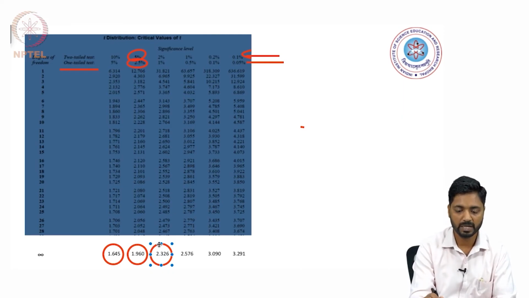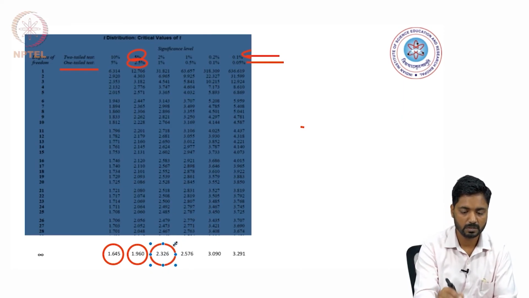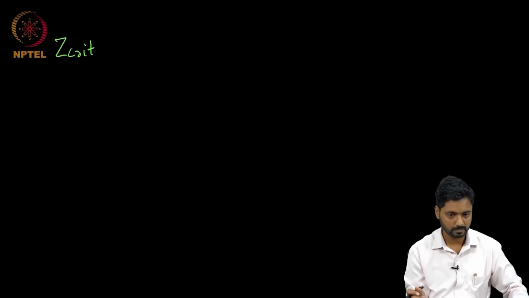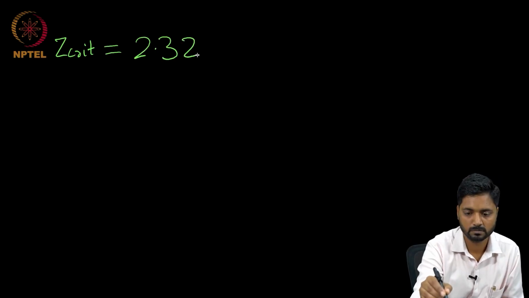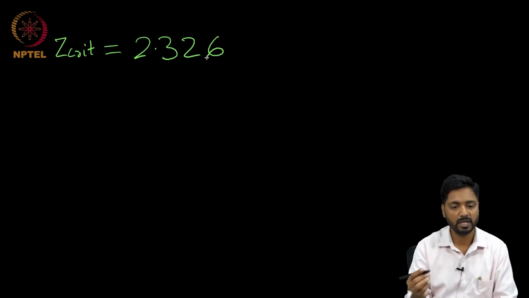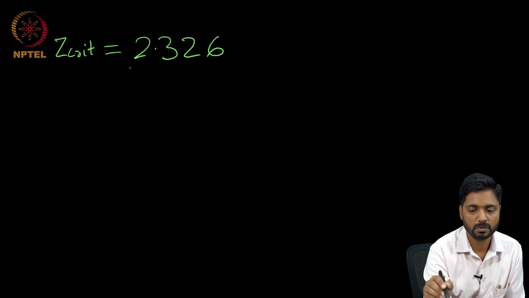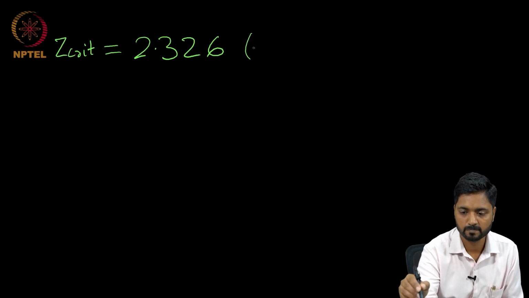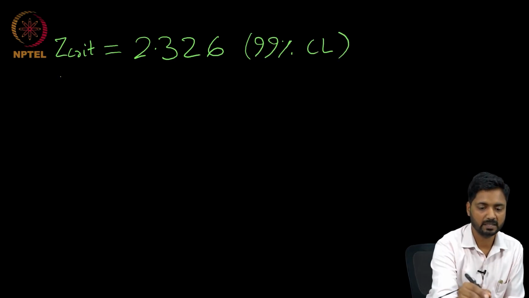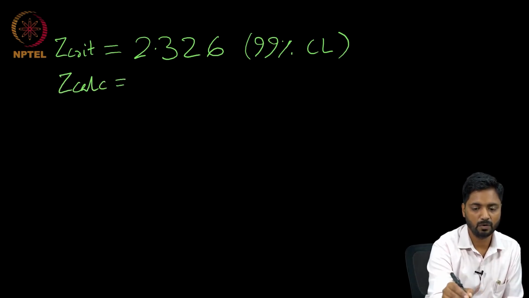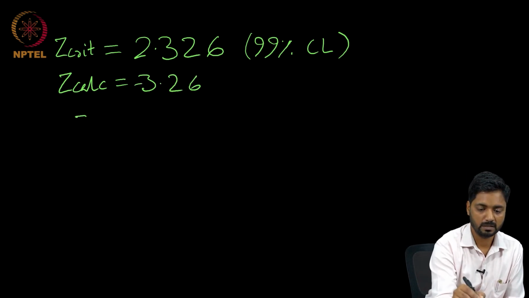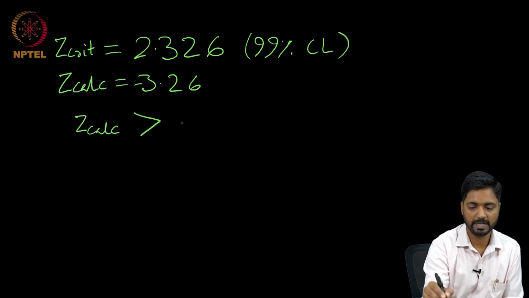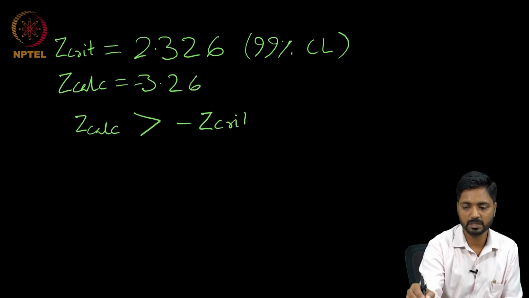So, our z value is 2.326. When we use this critical value also, we see that the z calculated value of 3.26 is still greater than the negative z critical value.